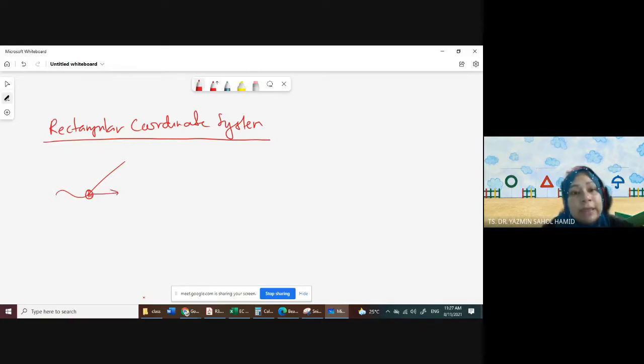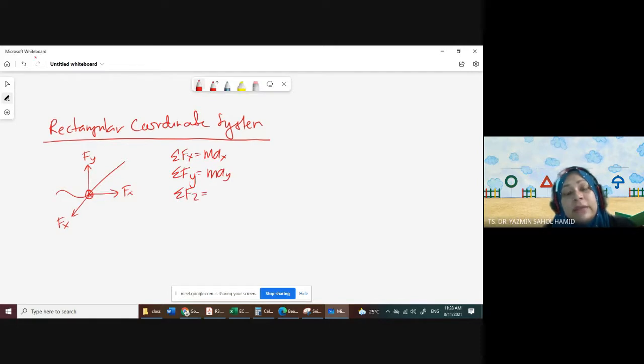So we have X, Fx, and Fy, and sometimes we also have Fz. Usually you will do the summation of forces like this: the summation of Fx equals max, the summation of Fy equals may, and if there is Fz, equals maz. But usually we focus on 2D.